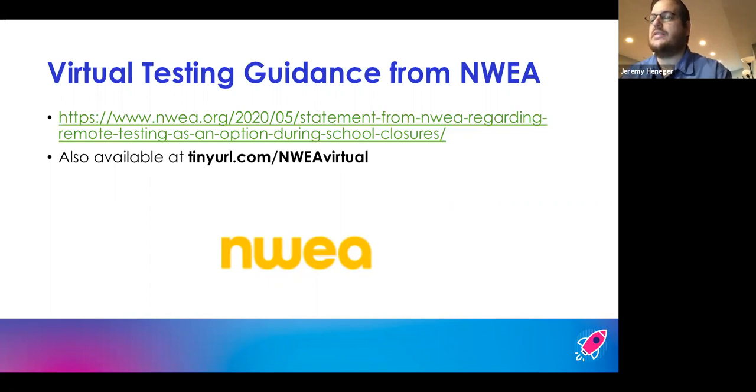And so this guidance gets into that, not only about what's the best way to go about virtual testing, but what's the best policy about using that data moving forward. And so we appreciate NWEA putting that information together for us.